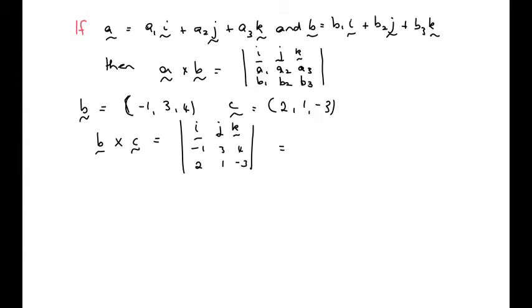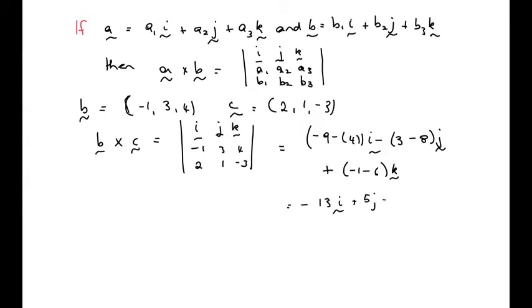That would be -9 minus 4 times i, minus 3 minus 8 times j, plus -1 minus 6 times k, which is -13i plus 5j minus 7k, and we could write that like that.